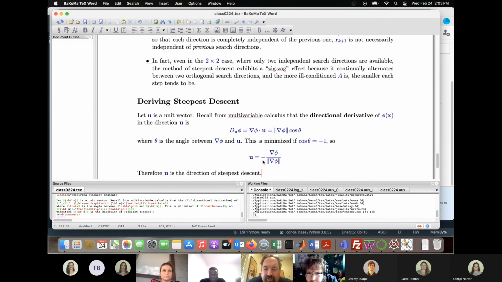If we make this a plus sign, that's the most rapid increase, so we're taking a derivative in the opposite direction. And then if u is chosen to be orthogonal to the gradient, then the directional derivative is 0, and that defines a level curve or level set of phi.